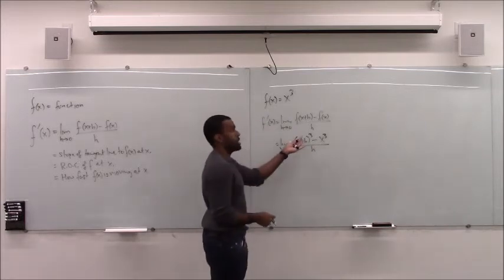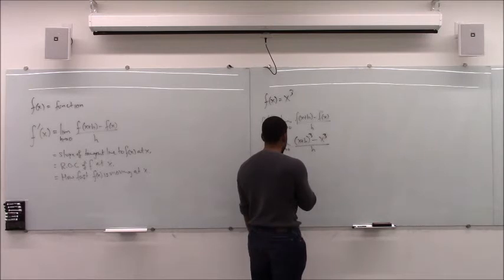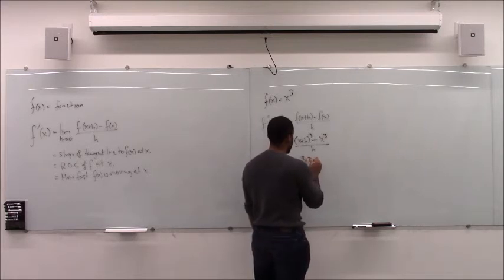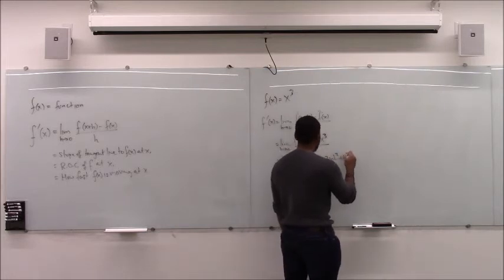Now you have to be able to expand the cube, which you might actually know how to do: x cubed plus 3x squared h plus 3x h squared plus h cubed, right?